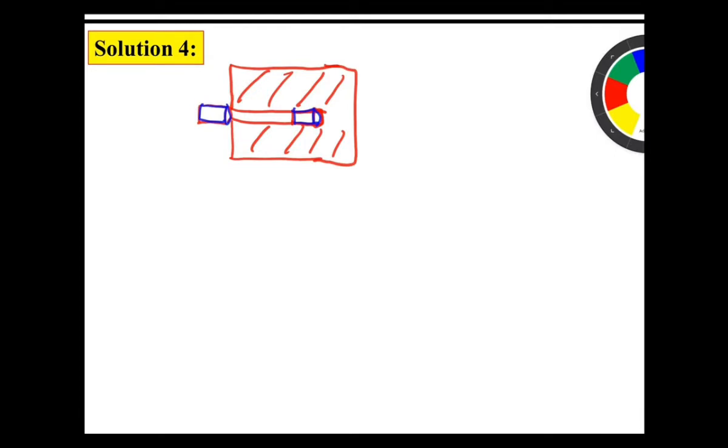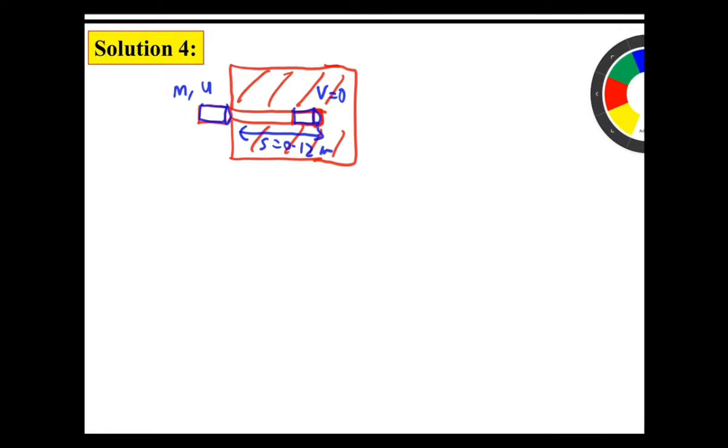Okay. So sini ada mass and ada U. Dan sini V dia sama dengan kosong sebab dia stop. Dan displacement dia bergerak sini. S sama dengan 0.12 meter.